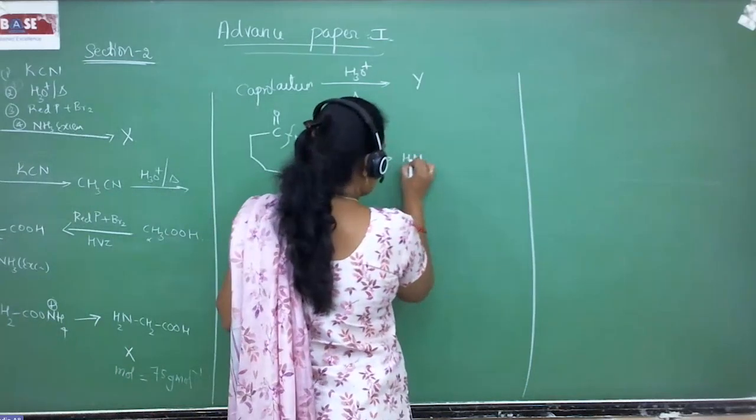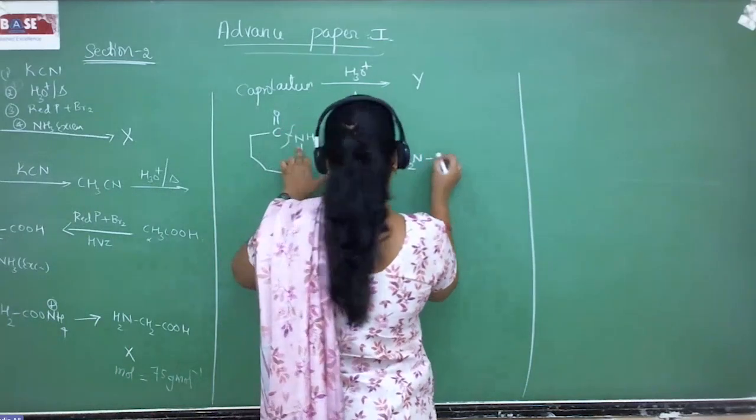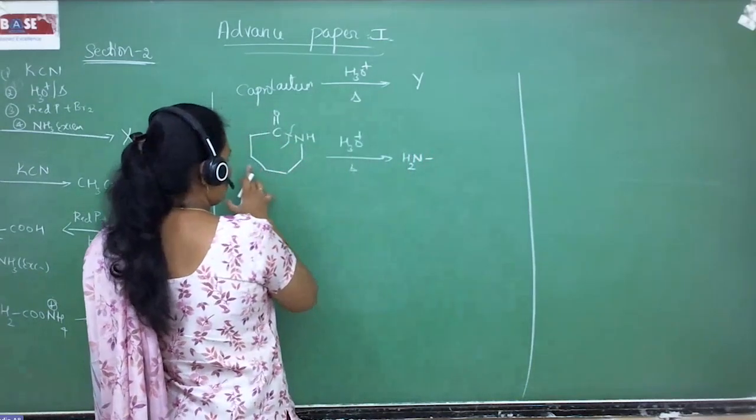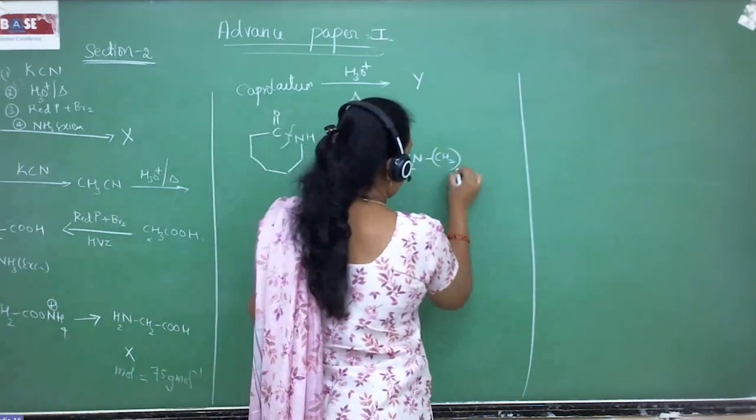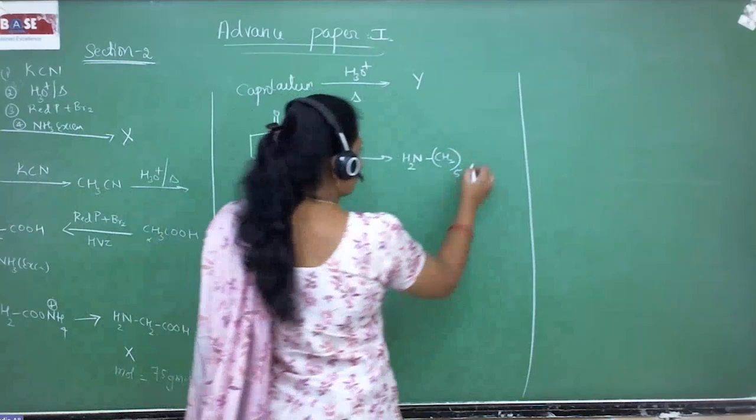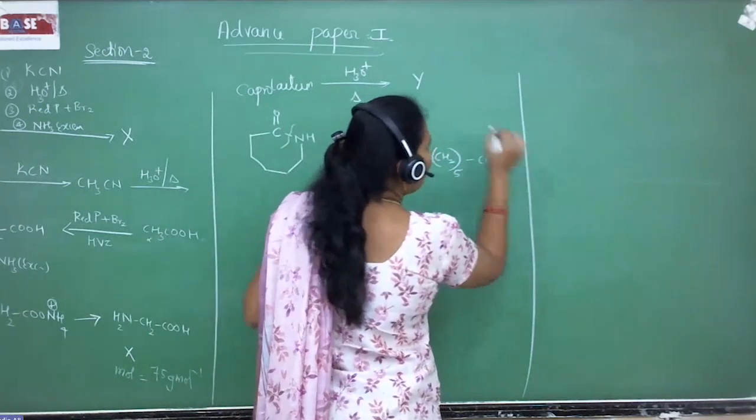Therefore, I'll write it here. So NH2, then you have CH2, CH2, CH2, CH2, CH2. So that is CH2 repeated 5 times, and you are going to get COOH.